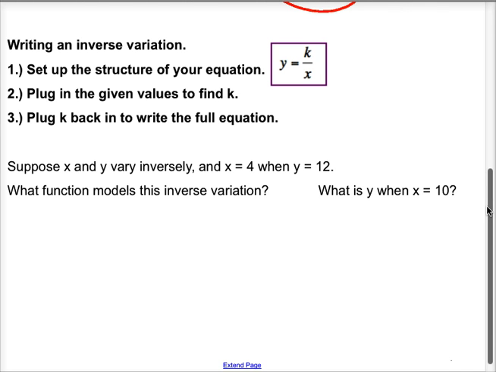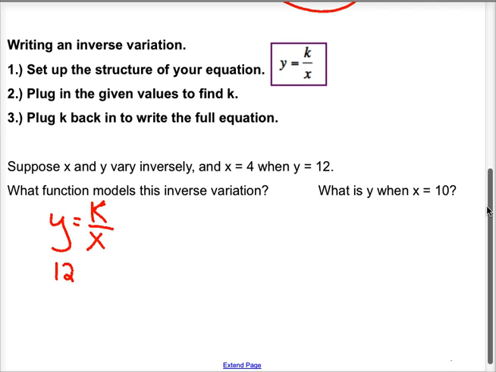Suppose x and y vary inversely, and x equals 4 when y equals 12. Again, we have our basic setup. We know every inverse variation is going to follow this y equals k over x pattern. I've been given when x is 4, y is 12.